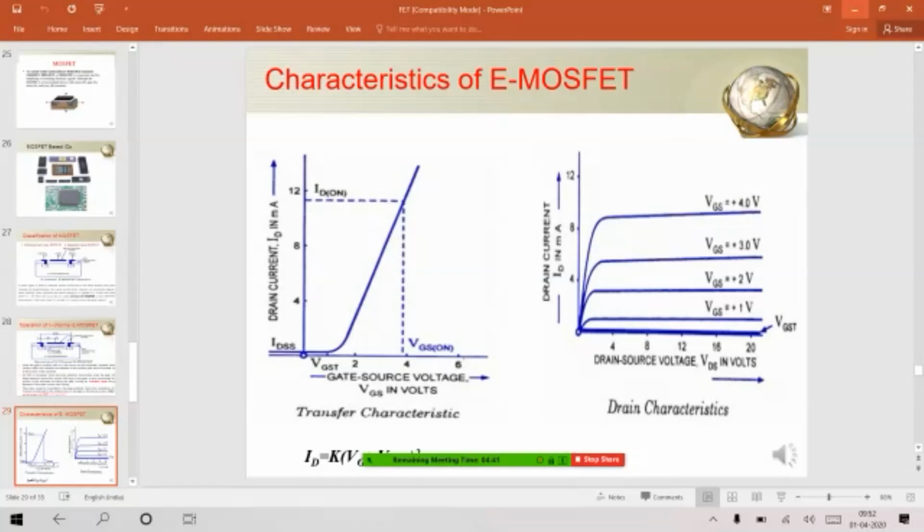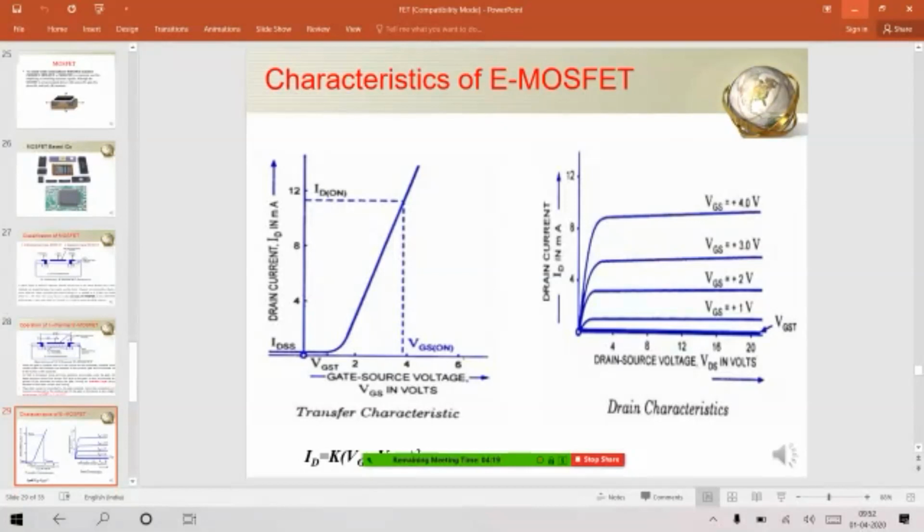And in the beginning, this variation in the current that you are observing, this region we call the ohmic region. Already we have discussed. After that, the current is almost remaining constant. This region we call the saturation region, right? Where the current is almost constant irrespective of change in the drain source voltage.